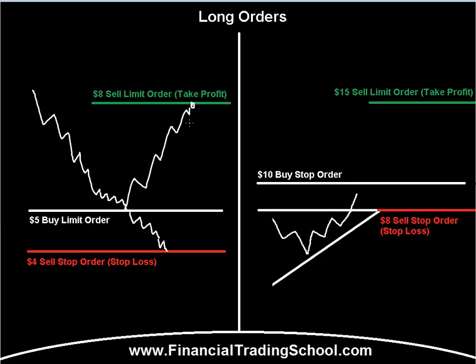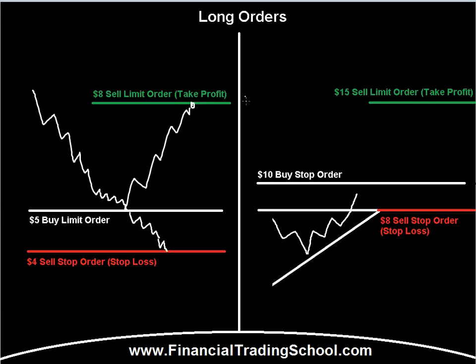So if you're trading a stock position, then you would have to place a single buy limit order and then a separate sell stop order and a sell limit order. Whereas on a Forex broker, you only have to enter a position once at a specific price, let's say a buy limit order, and then within that order you can also place a simultaneous take profit and stop loss order. So depending on what you're trading, you may mix them all up, or you have to separate each order and place them separately.